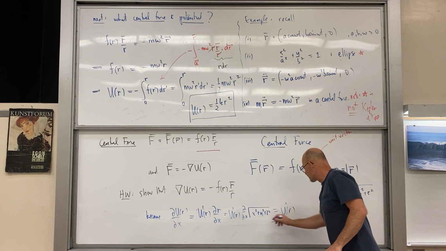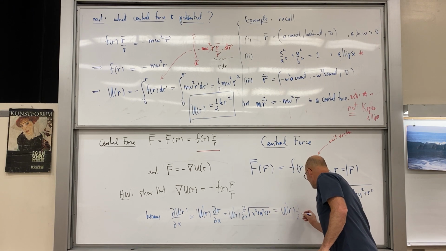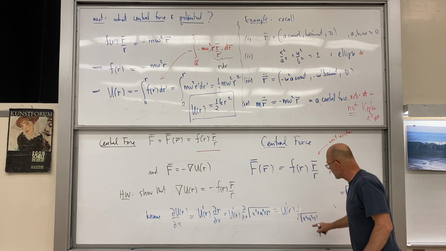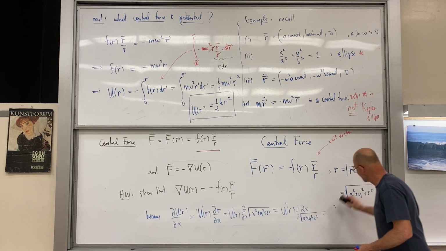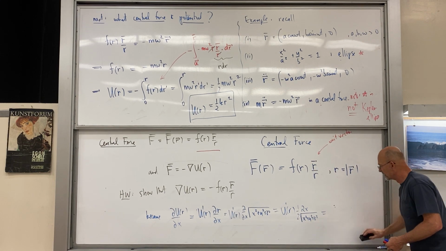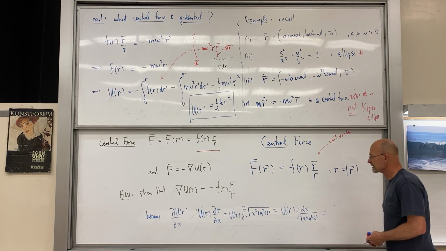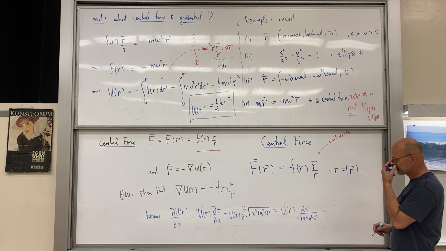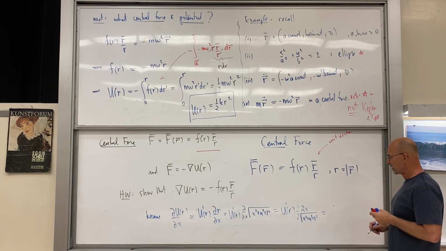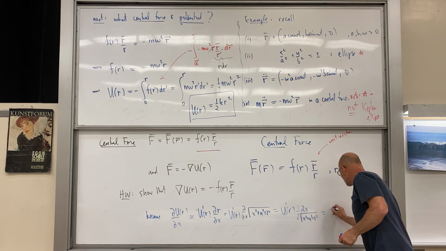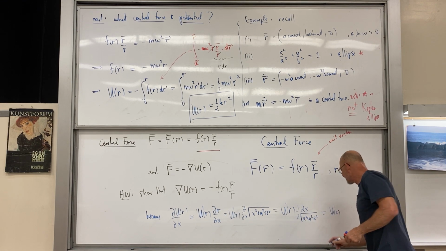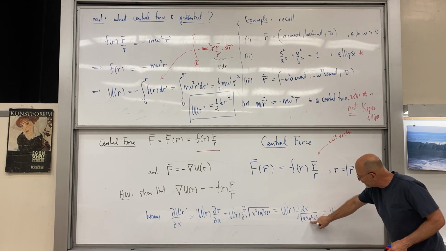So what do we have here for this derivative? One half root in the denominator. Well, now the inner derivative is 2x, and I'll wrap this up like this. The 2's cancel, so that's U prime of R, and then this here is x over r.